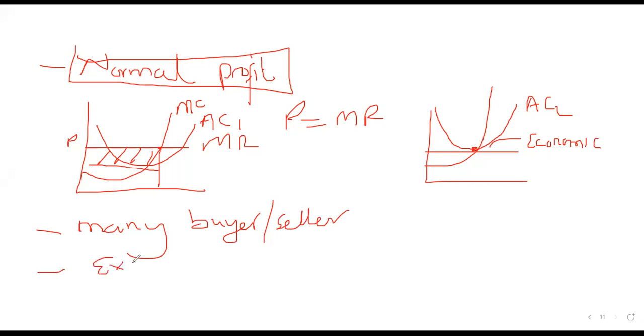Exit and entry is free. So meaning there's no barriers to entry. No one will tell you, no, don't sell tomato here. So we have many characteristics of perfect competition, but at least you should know.